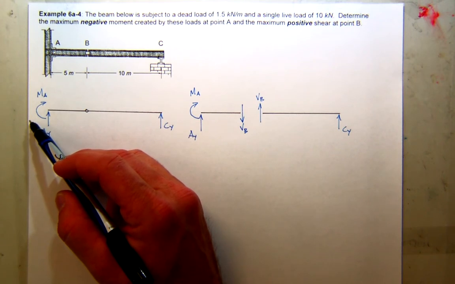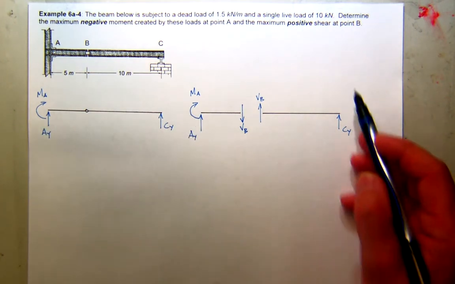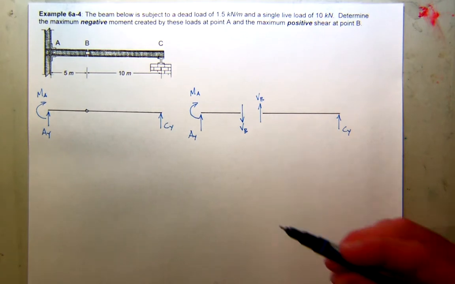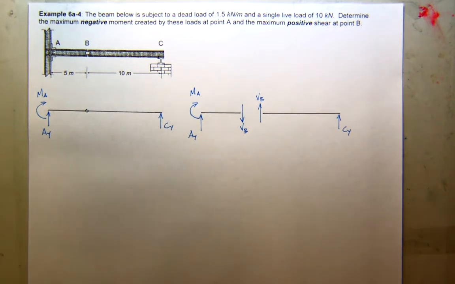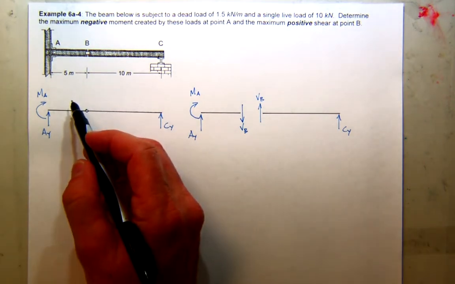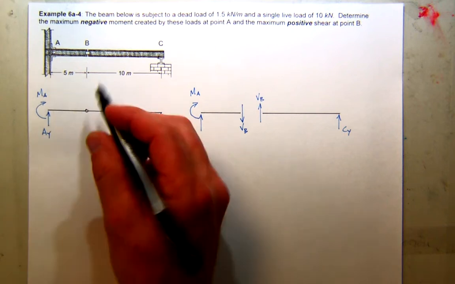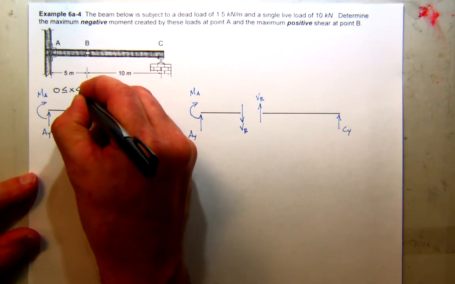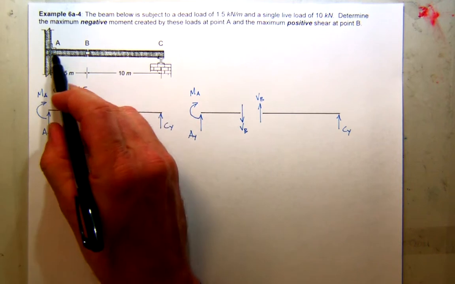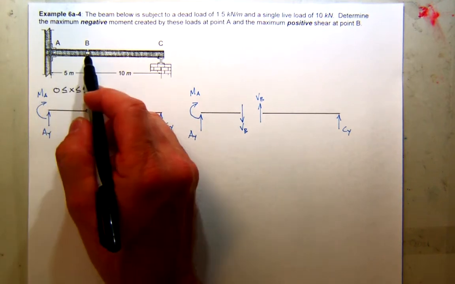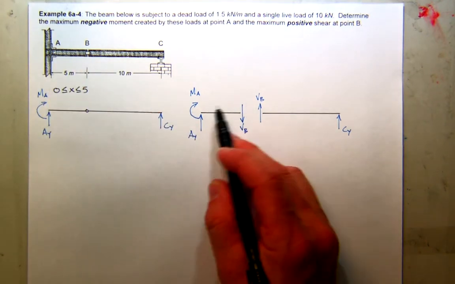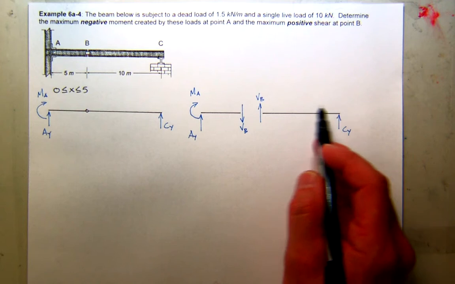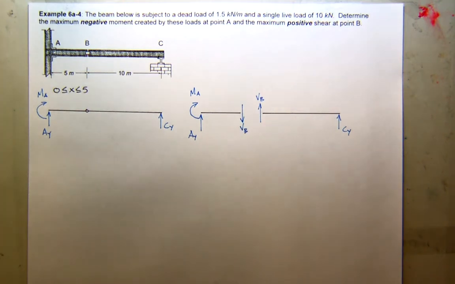In one scenario, let's just assume initially that my unit load can be anywhere between x and 5. That means just between A and B. So it'd be somewhere here, right? It won't be on this side, it'll be on this side, so I'll go ahead and locate it there.